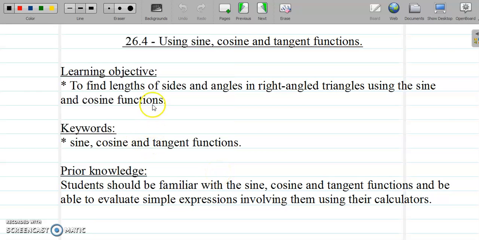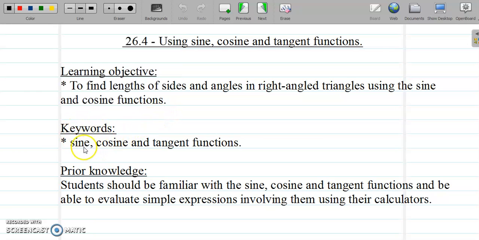Okay, in this topic, we are going to learn how to make use of sine, cosine, and tangent functions. The learning objective is to find the length of sides and angles in a right-angled triangle using the sine and cosine functions.